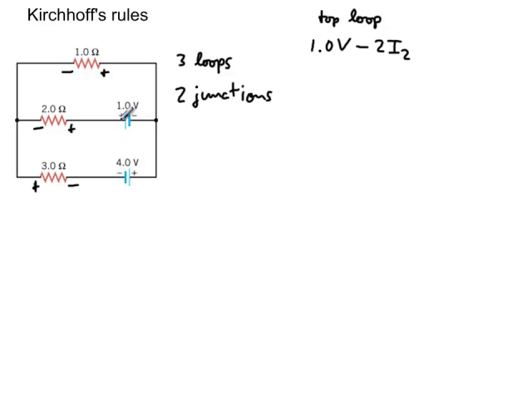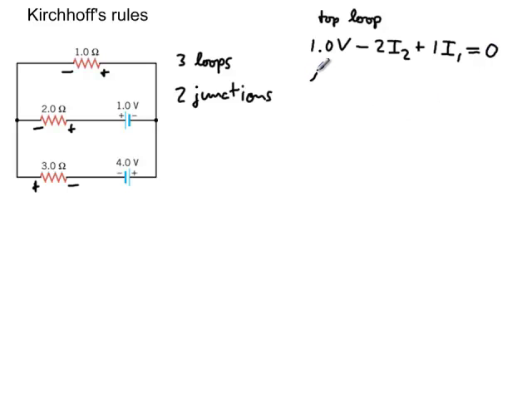And so I go up 1 volt, then I go down, that's the minus, then I go around here, and then I go up, so I add a voltage respectively 1 ohm times the current, so plus 1 I1, and then I'm back here where I've started at 0, so that equals 0.